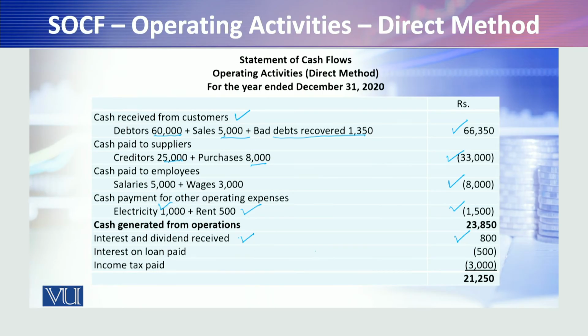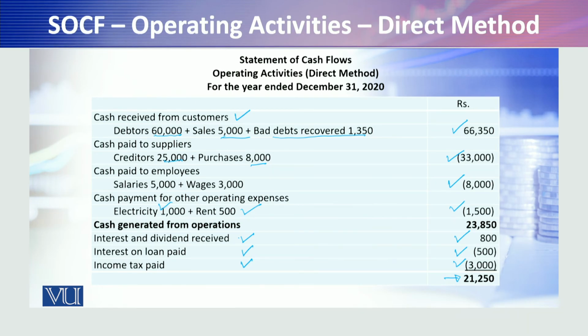And then interest on loan, again we can treat it under financing activities, but it is allowed that we can present it under operating activities. Then income tax paid, this is also an operating activities item. Just make a total, and what we get is 21,250. This is the amount of net cash inflows from the operating activities during the year.